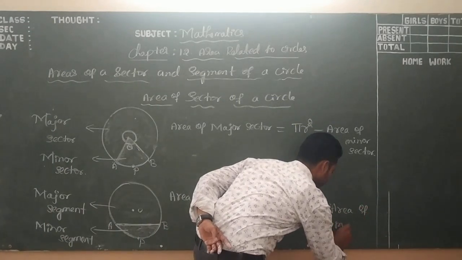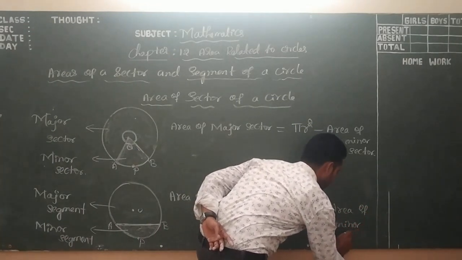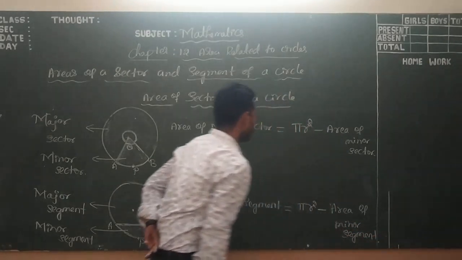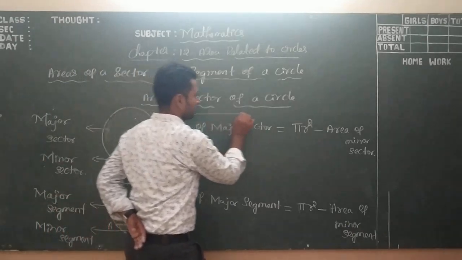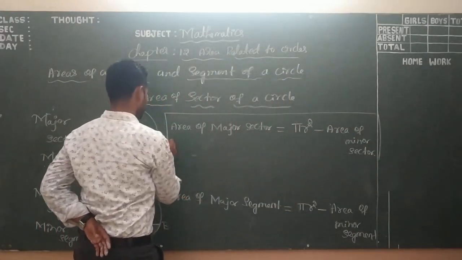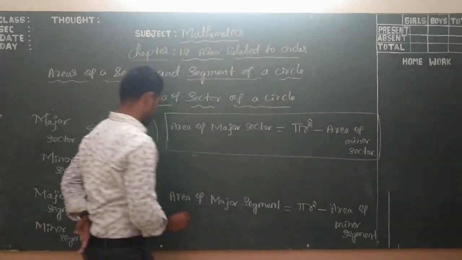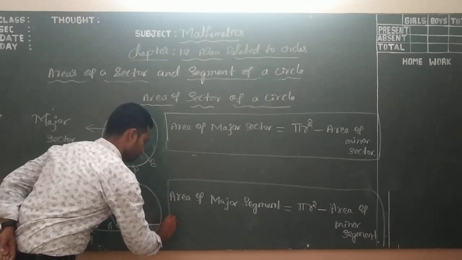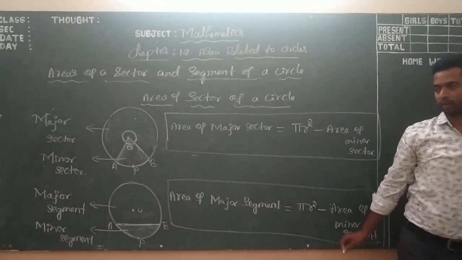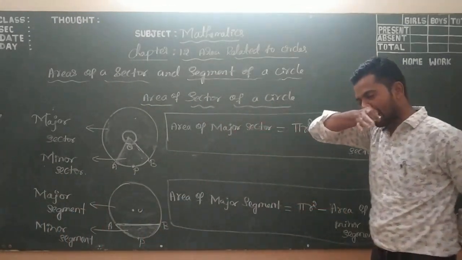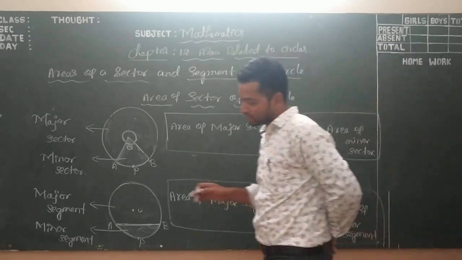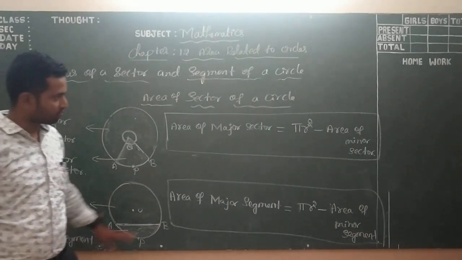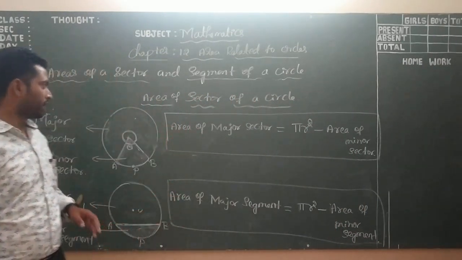So these are two formulas to calculate the area of the major sector and the area of the major segment. Okay, by use of these two formulas we can calculate.